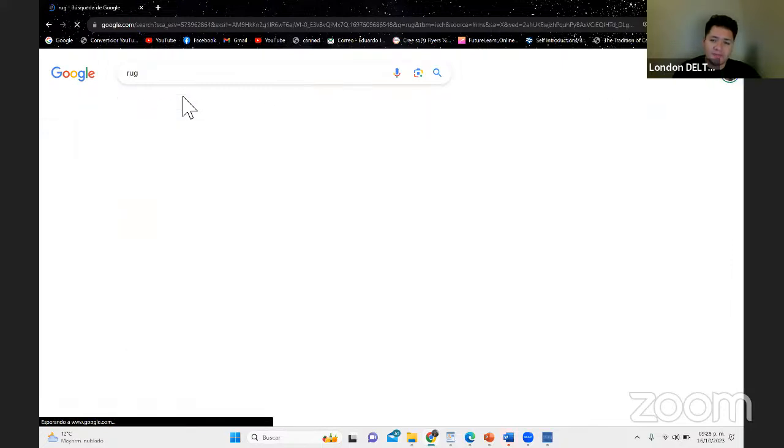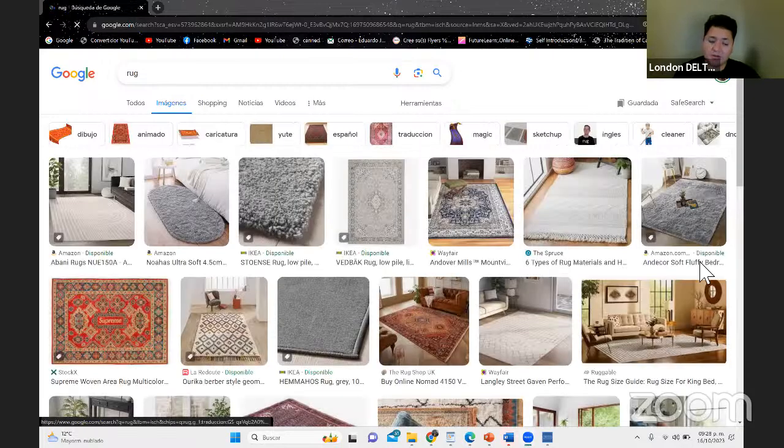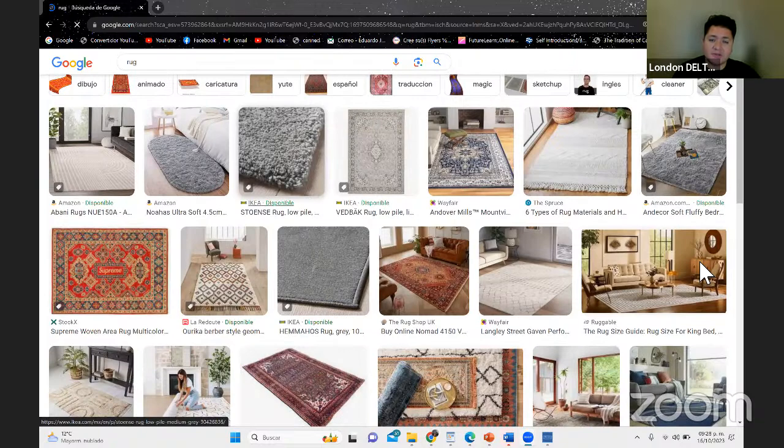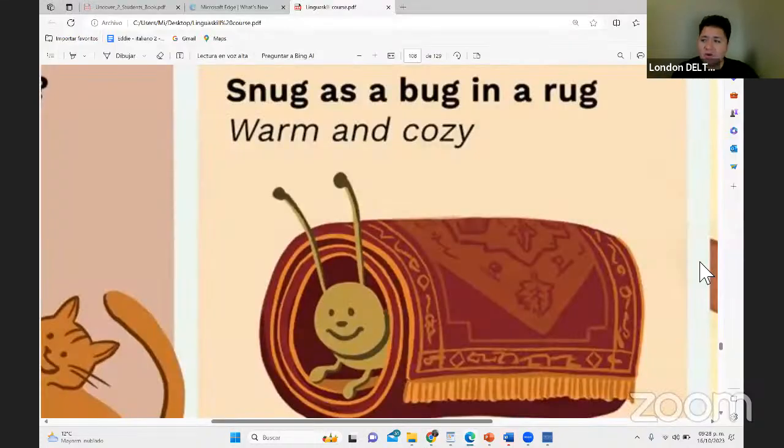And if there is an insect, you know that sometimes insects hide in the rugs because they are comfortable, right? So yes, like you said, you can say this expression when you are comfortable, right? When you are in bed, maybe you have some hot chocolate and you are covered in your blankets and you don't want to move.